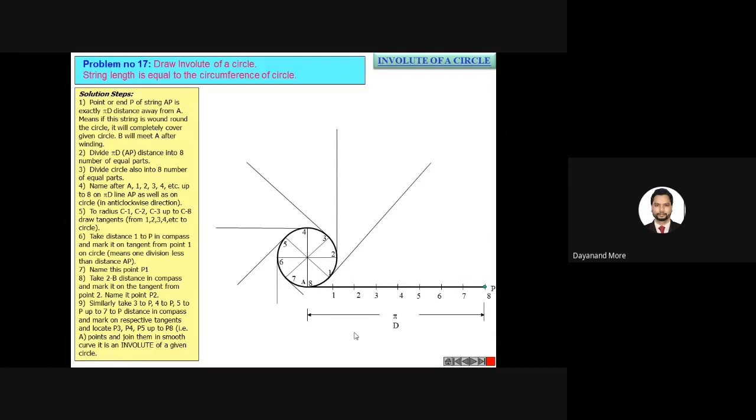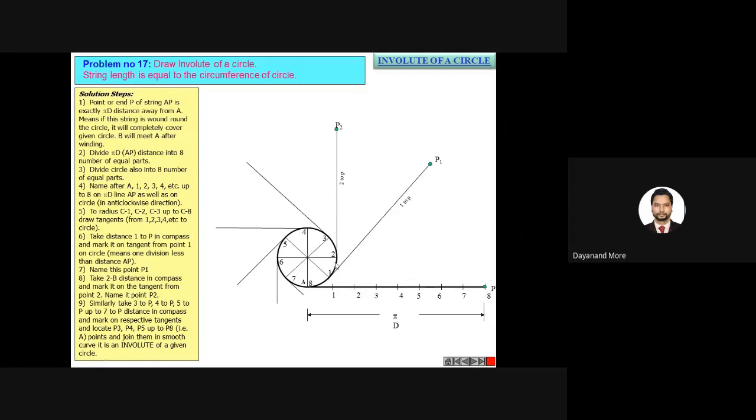Now take a distance of 1 to P in the compass on the pi d line. Put one end of the compass at point 1 on the circumference of the circle and cut the tangent at point P1, 1 to P. Next, take a distance of 2 to P from the baseline pi d.